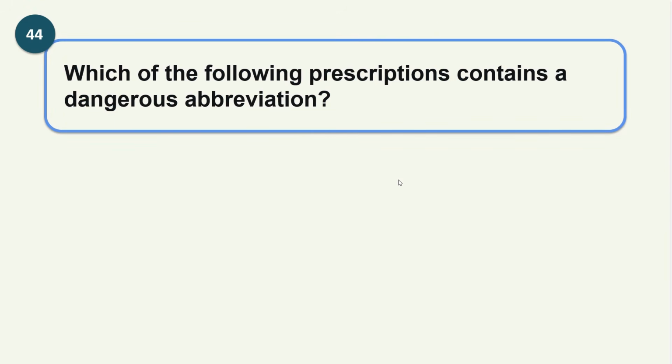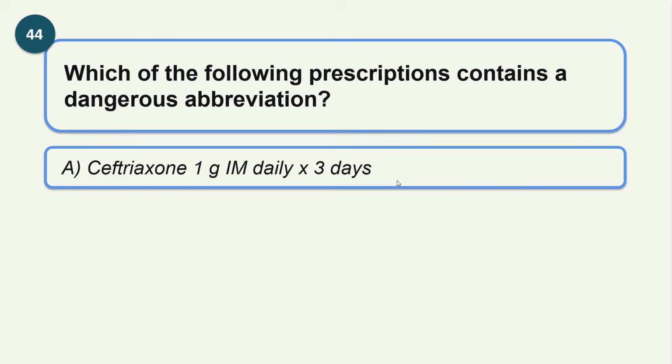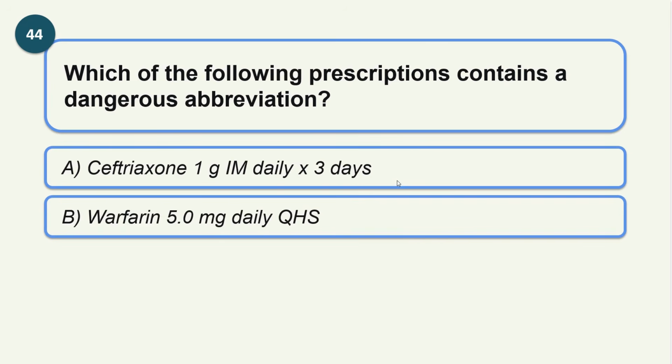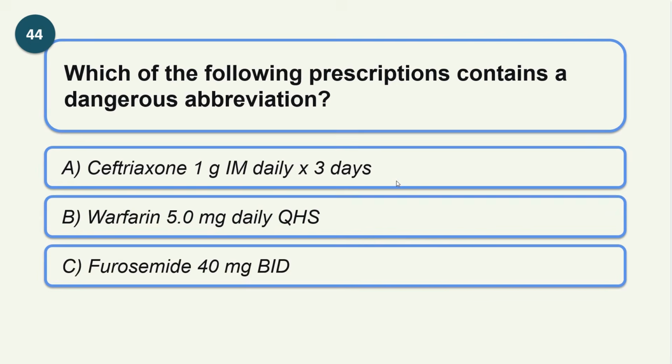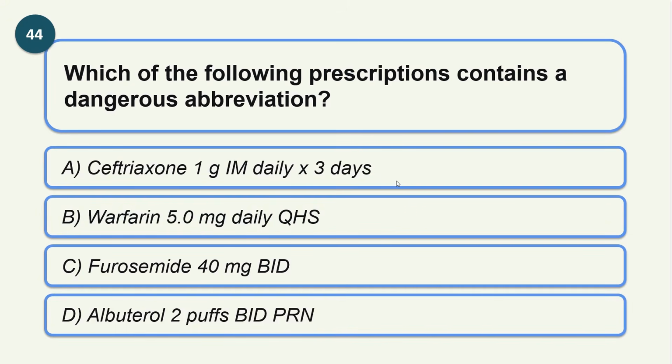Next, which of the following prescriptions contains a dangerous abbreviation? A. Ceftriaxone 1 gram daily for 3 days, B. Warfarin 5.0 milligram daily QHS, C. Furosemide 40 milligram BID, D. Albuterol 2 puffs BID PRN.